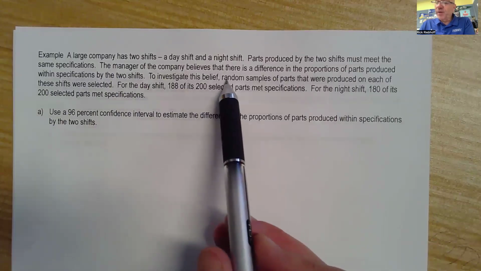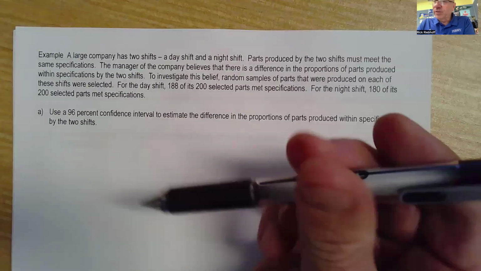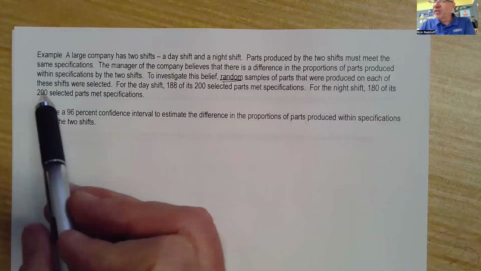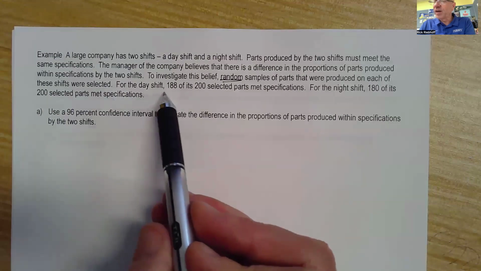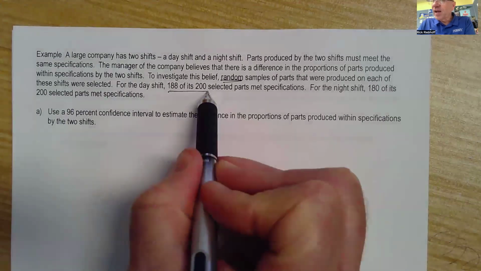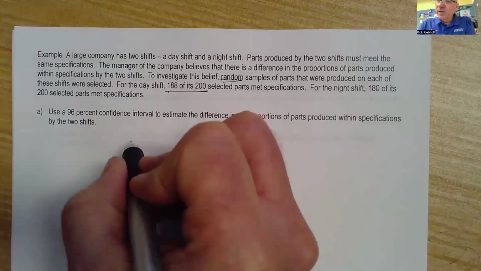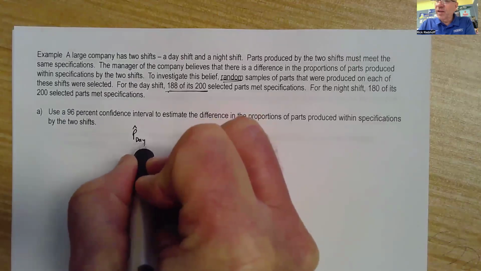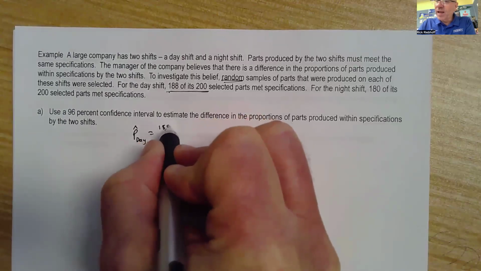To investigate this belief, random samples of parts produced on each of these shifts were selected. For the day shift, P hat day is 188 out of 200.